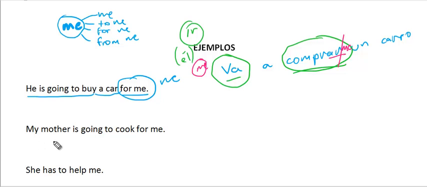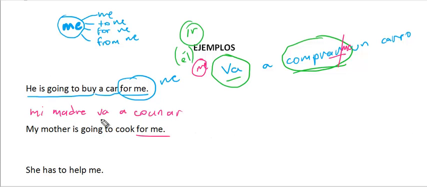Let's see the next example. My mother is going to cook for me. Mi madre va a cocinar. And we have again for me. We know that for me is me. So let's see.